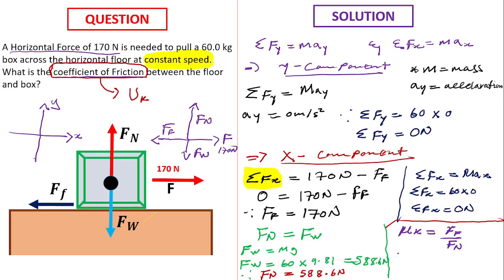From there you can simply say the coefficient of friction is the friction force we found, which was 170, over 588.6 Newton.